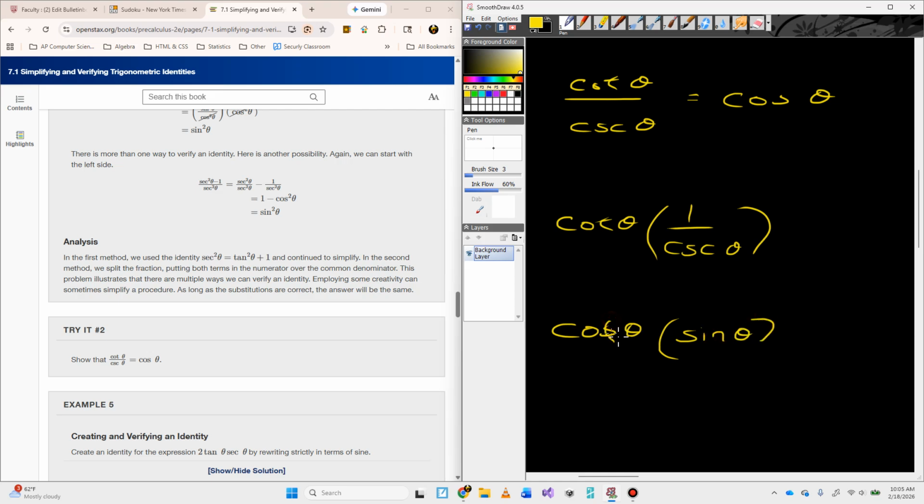I'm sorry, this is cotangent. Cotangent is written as cosine theta over sine theta. And I'm going to multiply that by sine theta. These cancel out, and cosine theta does equal cosine theta. I have proven that identity.